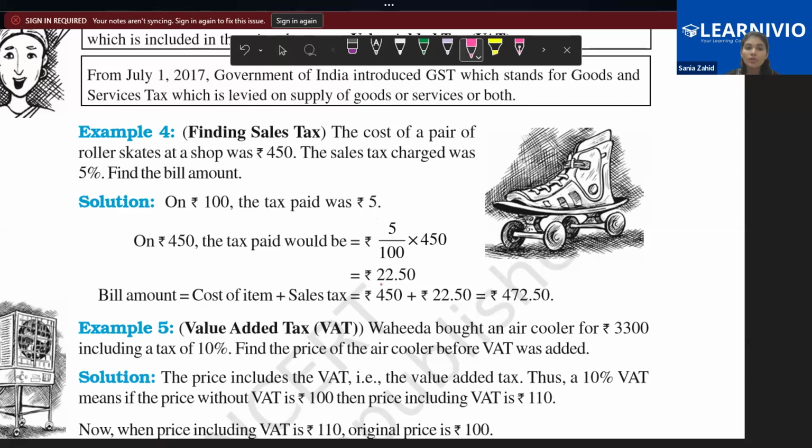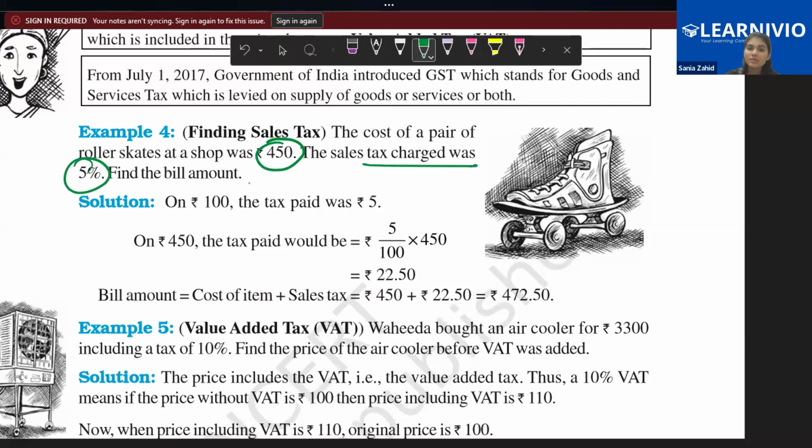And children, do not look at these solutions. Because they are doing it by first taking 100 and then working it out. No, I'll not do it that way. One line, very easy solution will be that the roller skates were 450 rupees, but there was tax added to it. And what is the tax? Tax is 5% on the bill.